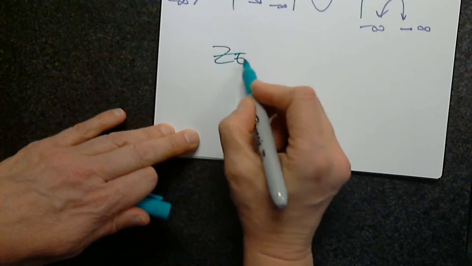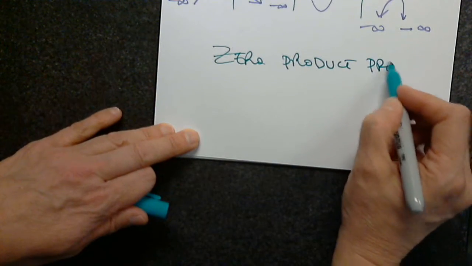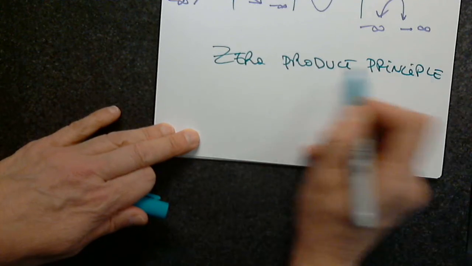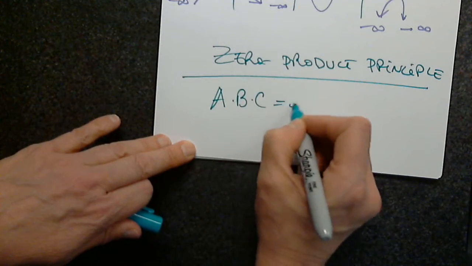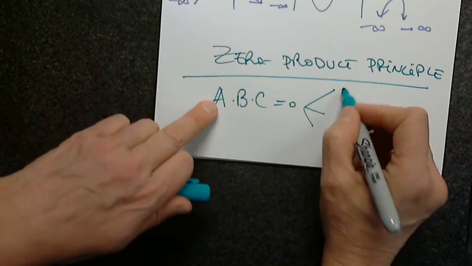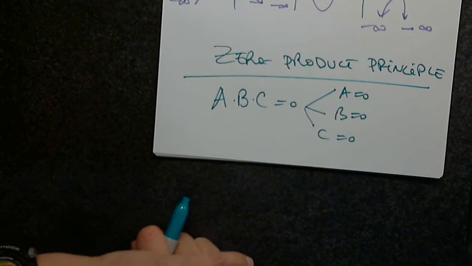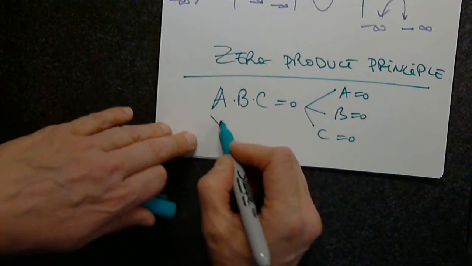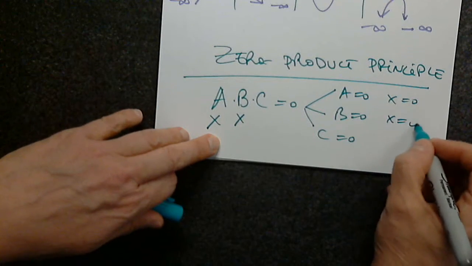Okay, so let's look at the zero product principle. A times B times C equals 0. There are 3 options. Either A is 0, or B is 0, or C is 0. This was x, so I wrote x equals 0. This was x, so I wrote x equals 0.